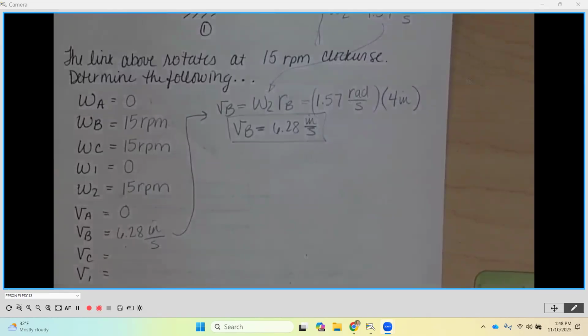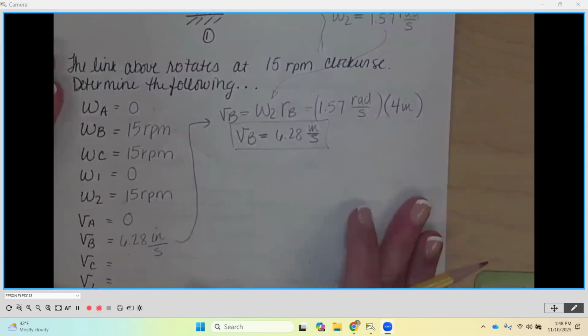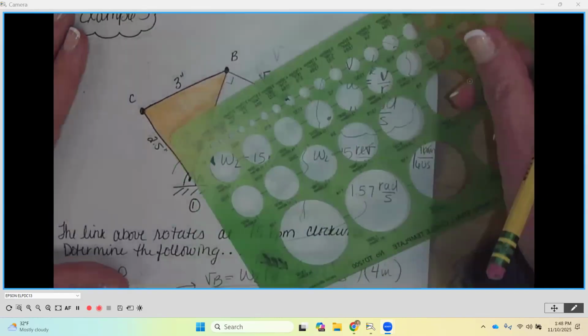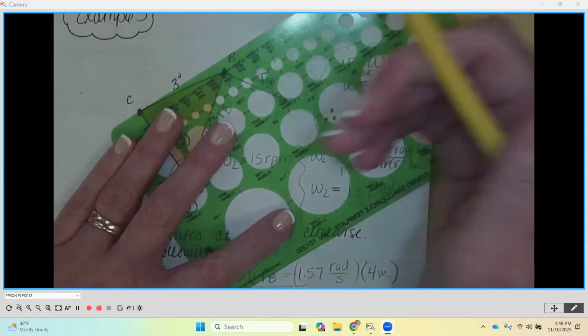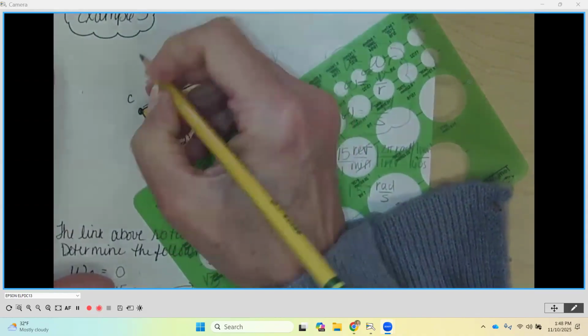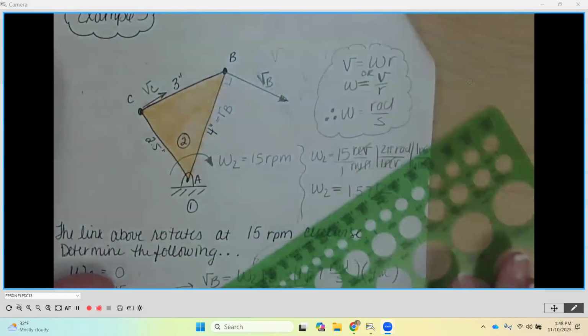All right, excellent. Yep, 6.28. Thank you, Garrett. Velocity at C, it's going to be that same format, right? Didn't ask you to, but I'm going to draw the vector for the velocity at C. This is going to be velocity at C, right?